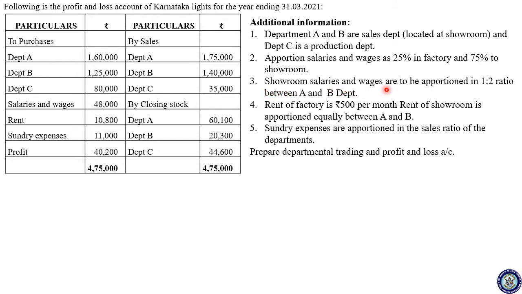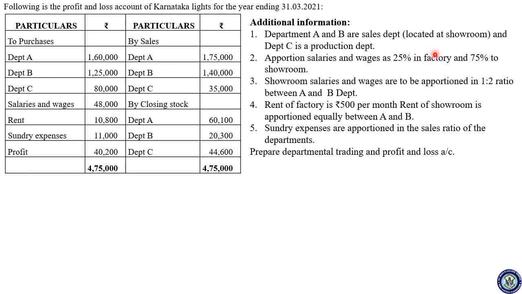Showroom salaries and wages are to be apportioned in the ratio 1:2. That means the remaining 75% that goes to the showroom departments is to be allocated in the ratio of 1:2. I repeat: my total salary is 48,000. In that, 25% belongs to the factory, that is department C, the production.